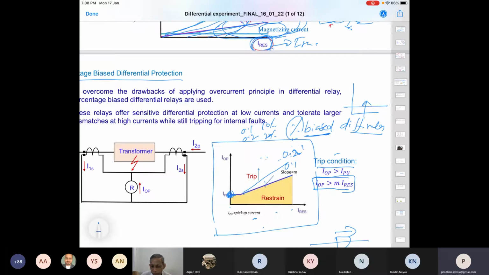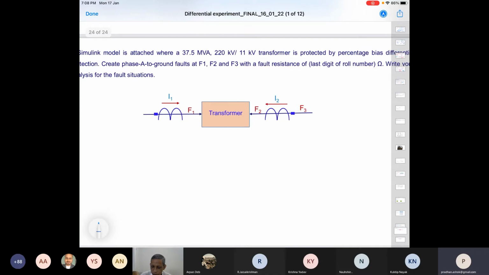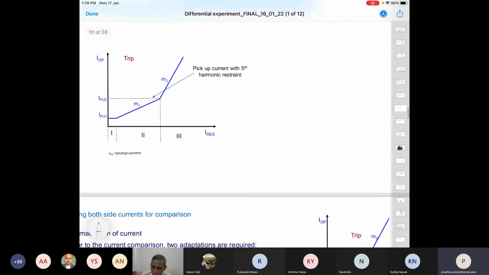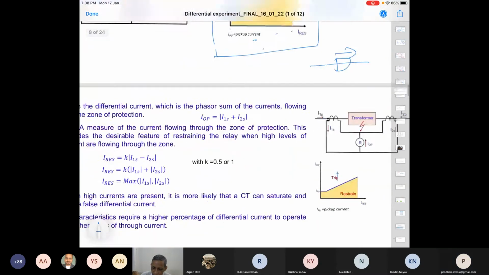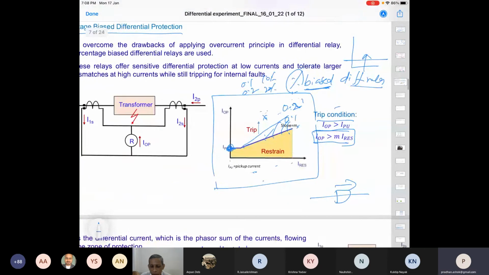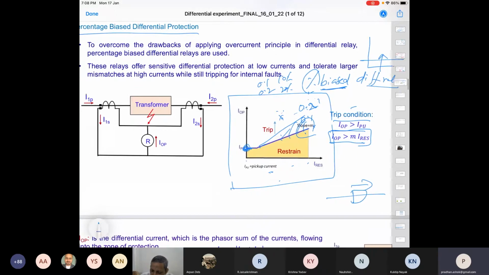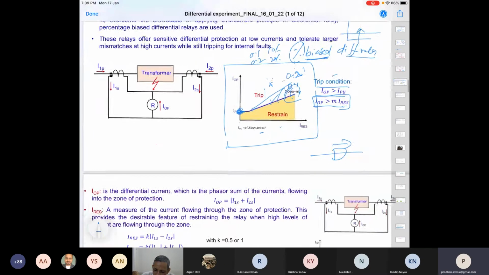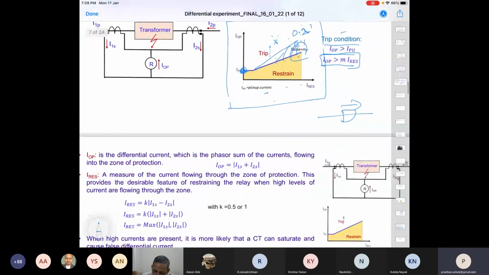Fine, we are extending this area, but many internal faults also will not be identified. If I take a smaller slope M, then I have the problem of unnecessary tripping being more and more. So we have to make a judgment on that. We will see what kind of typical values are used for a transformer.